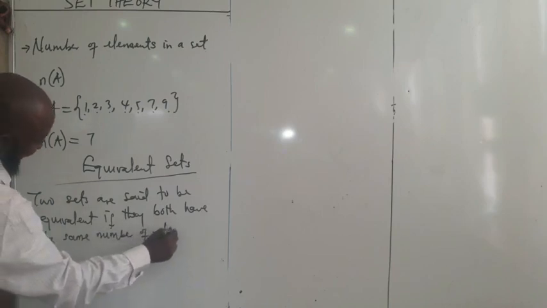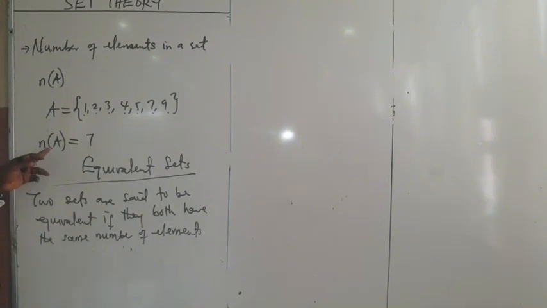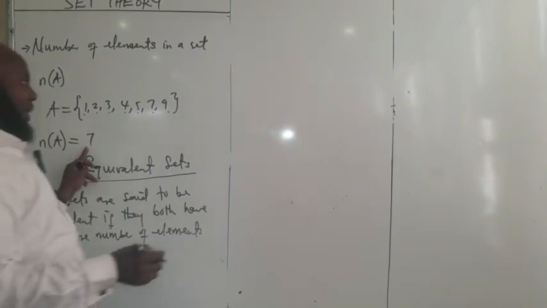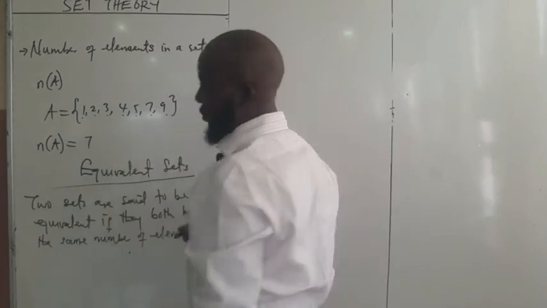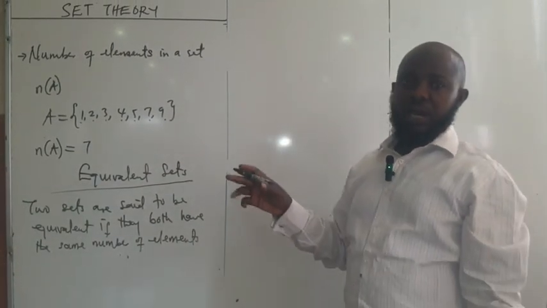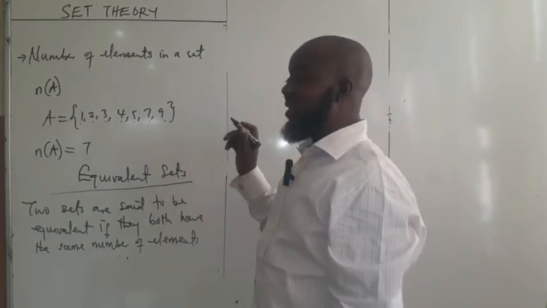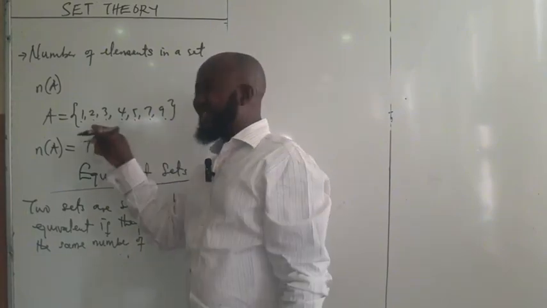You understand? For example, as this one is having 7 as n, the number of elements of set A is 7. So we now have another set B, and the number of elements in that set is also 7. But we are not saying that they must have the same elements.